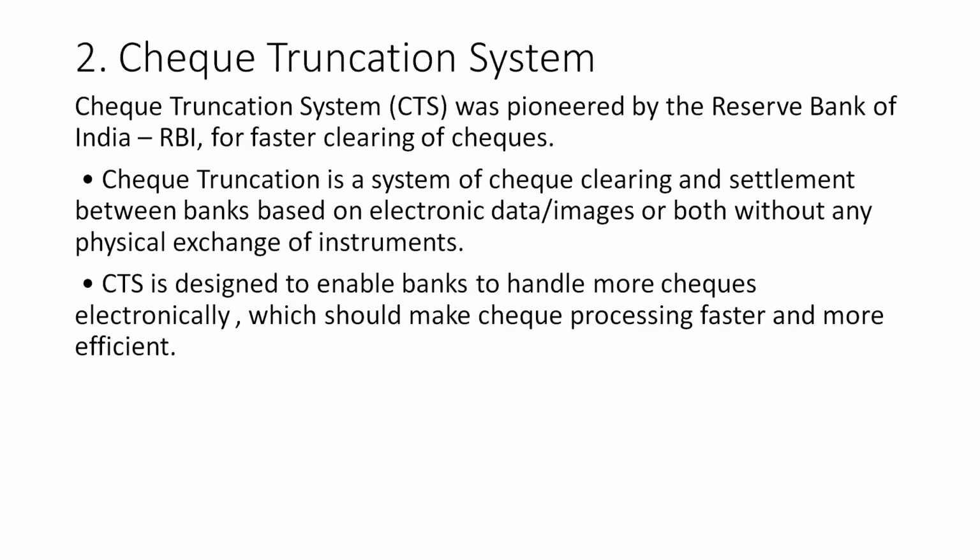Suppose you receive a check from your friend, drawn on SBI, and you submit it in Union Bank. Union Bank will just scan the check and send it by mail to that truncation system, not even to the branch of the bank, not even to the SBI.